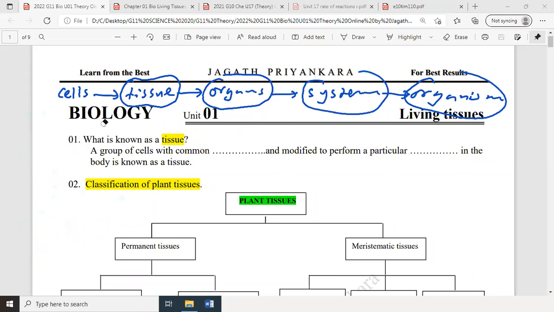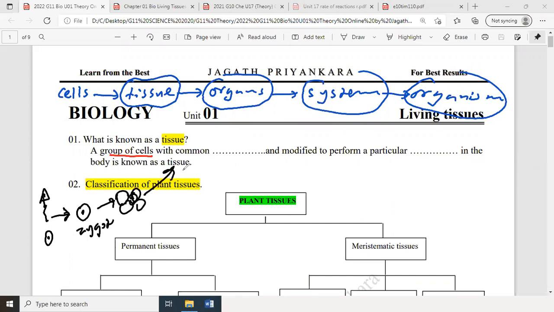Now let's see the definition of a tissue. To become a tissue, one cell is not enough. So a group of cells, that is one keyword. And the other one is common origin. For example, after the sperm and the egg combine, you get the first cell in the mother's womb, the zygote. This zygote keeps dividing, producing a large number of cells.